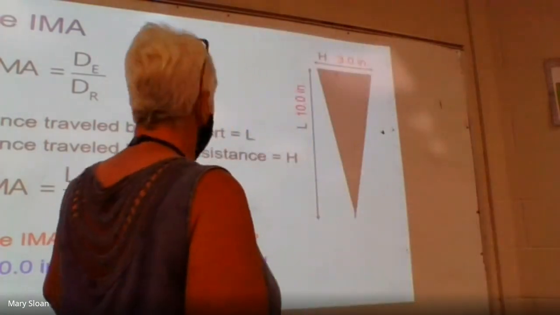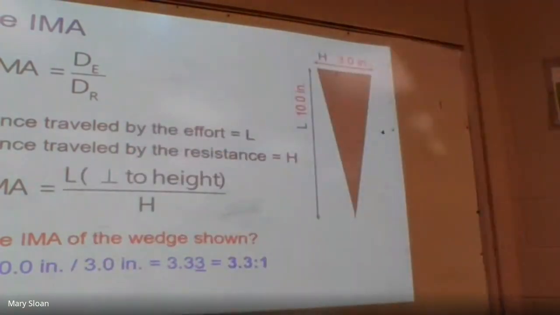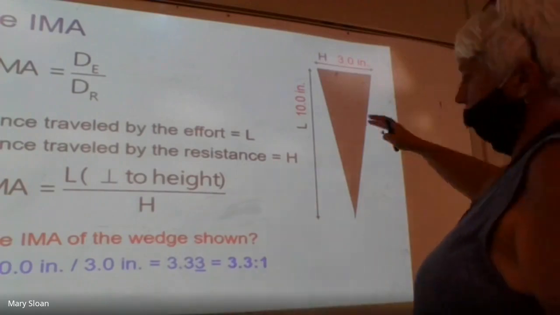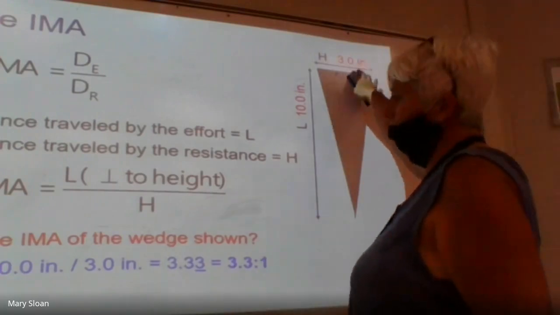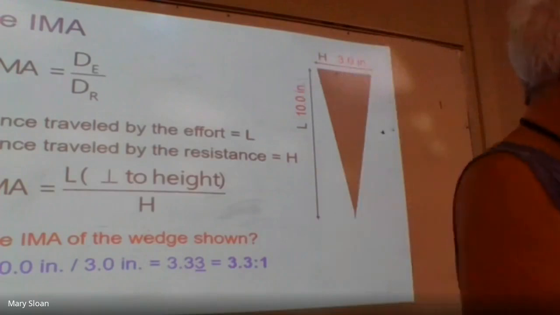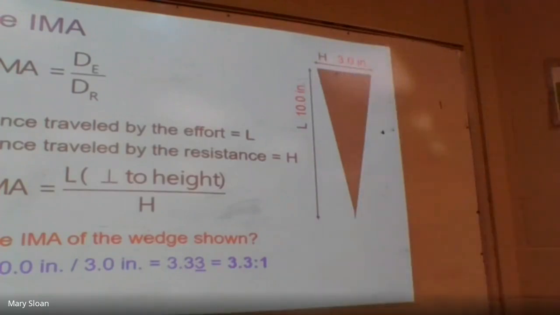It's perpendicular. Parallel is two lines right beside each other like that. So the only thing we're doing here is taking our 10 and dividing it by our 3. Same thing we did before, right? So what do you think the IMA is going to be? 3.3 continued.